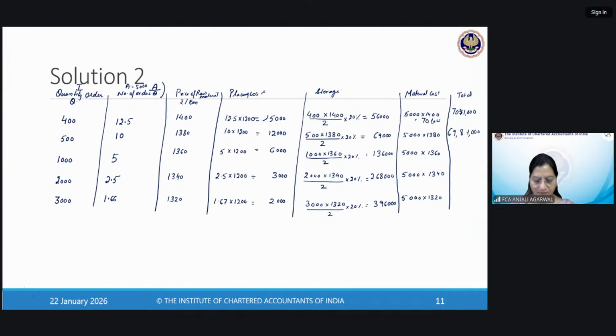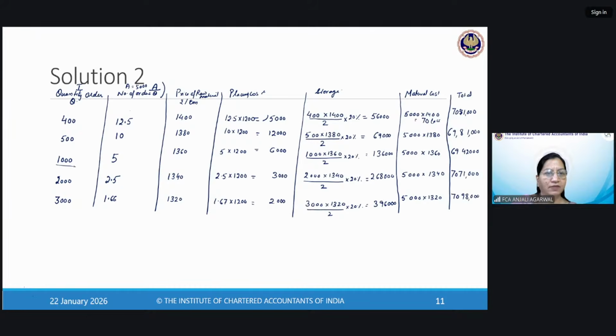Next, 5,000 into 1,360, 68 lakhs, plus 1,36,000, plus 6,000. This is still less: 69,42,000. This will be 68 lakhs plus 2,68,000, 70,68,000, 70,71,000 again. And this will be 67 lakh plus 3,96,000, 70,96,000, 70,98,000.